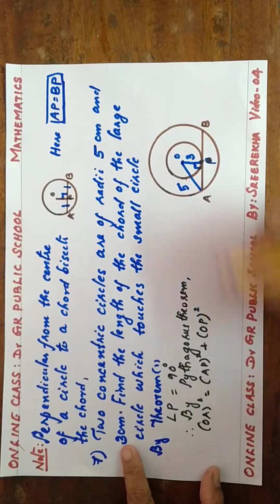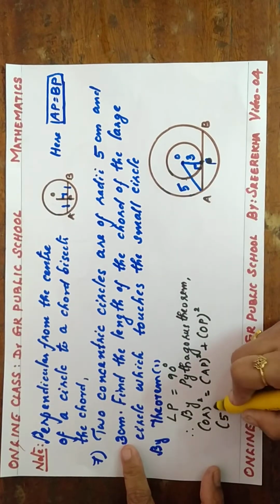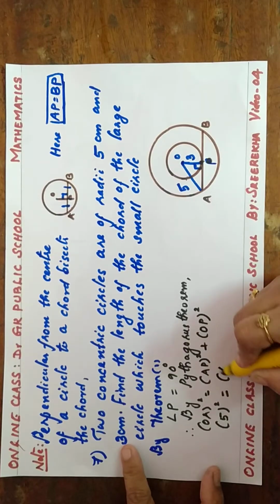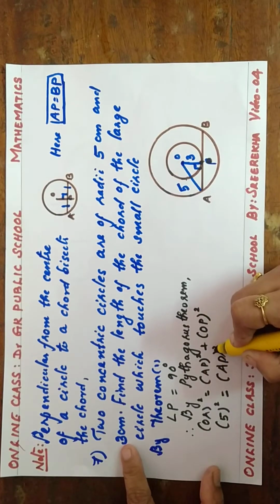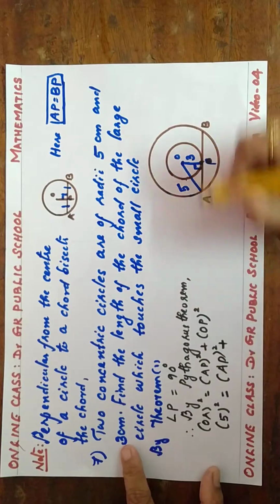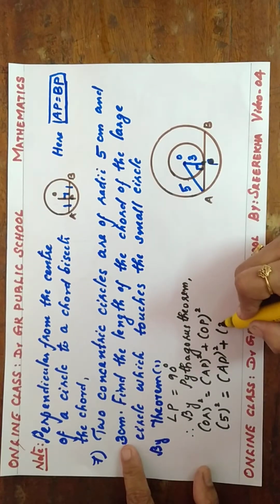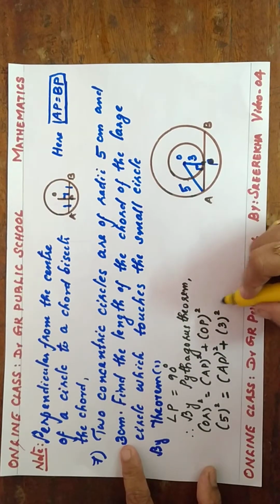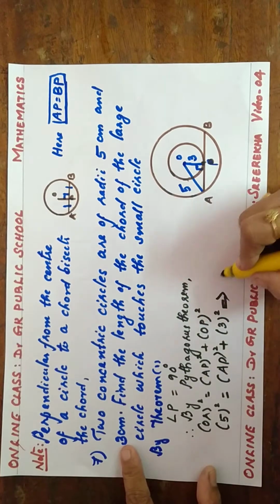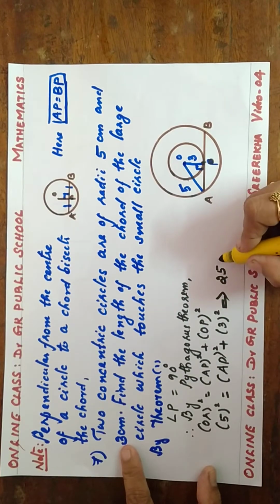Applying Pythagoras theorem, I am going to substitute the values. What is OA? OA is 5, so 5 square equals AP square, which you want to find, plus OP square. OP length is known to you, that is 3, so 3 square. From this we can say, what is 5 square? 25.